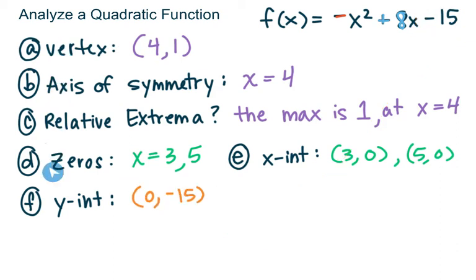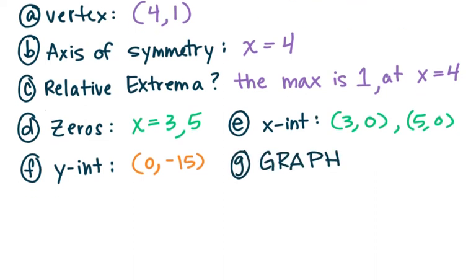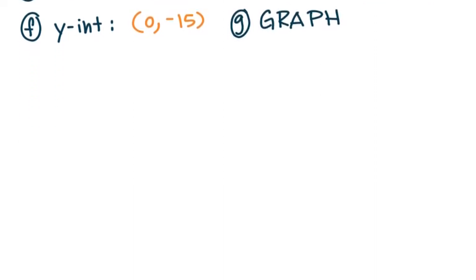At this point, we've listed 6 different attributes of the quadratic function. So we've described or analyzed all of the different characteristics that we know. So for part G, we're going to create a graph. When we create our graph, we can draw or scale our axes however we'd like.